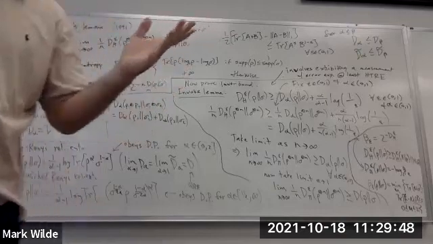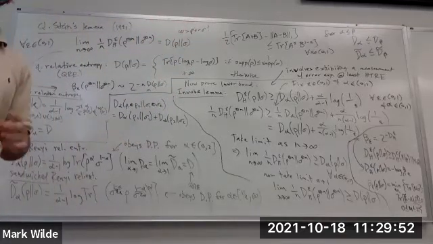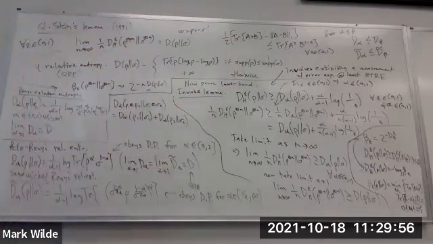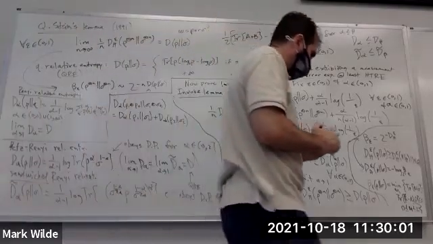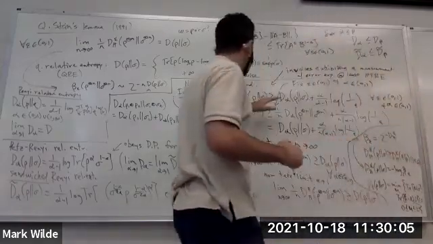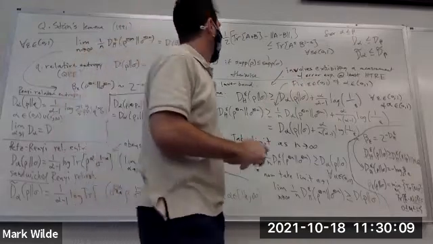It's an interesting proof, but I don't know how much you would learn from studying it. It's just kind of a lot of manipulations to get from this operational quantity to this distinguishability measure. Okay.